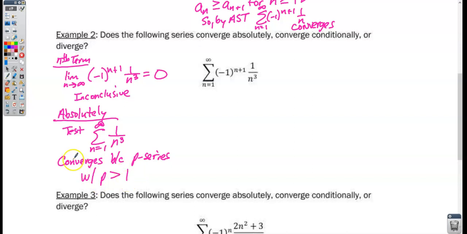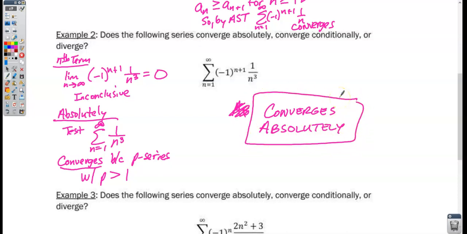And now I'm done. Once I find that it converges when I'm testing it for absolute convergence, I'm done. We will say, sorry, my hand got ahead of my brain there. We will say that this series converges absolutely.